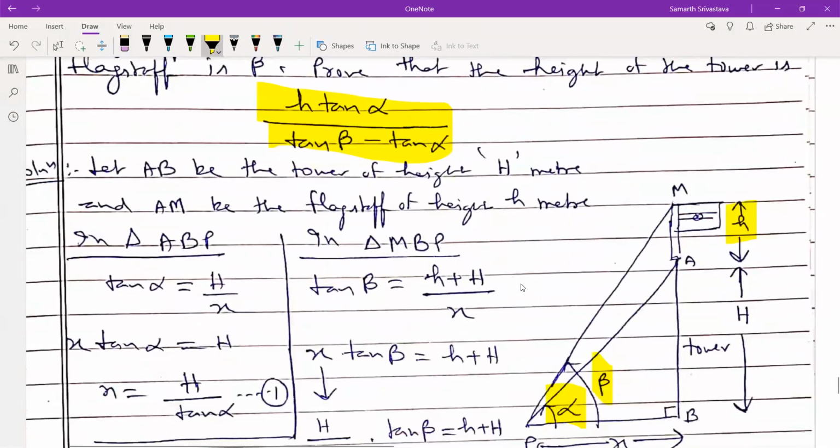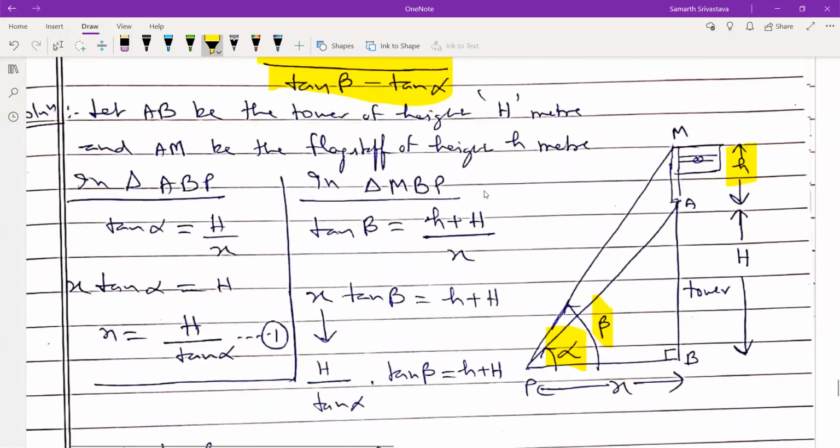First of all, I have drawn the tower AB, whose height I have represented by capital H. Because the tower is surmounted by a flagstaff, AM represents the flagstaff whose height I have taken as small h, as given in the question.